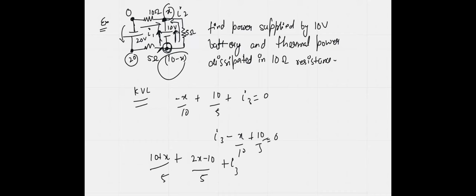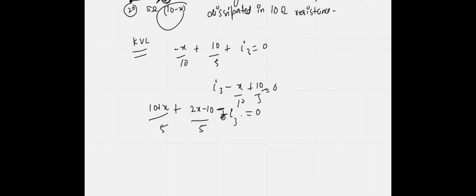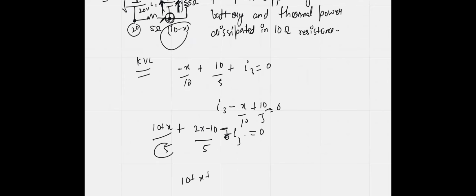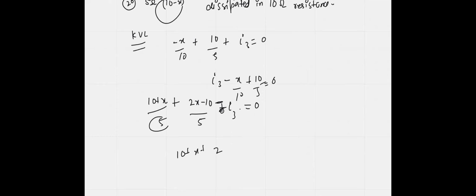By convention, I have assumed that current is going in with I3, so here I'll call it minus. It is supposed to be 0. So here now, if you see carefully, what I'm going to get is 10 plus x plus 2x minus 10 minus 5 I3 equals 0, that is 3x minus 20 minus 5 times I3 equals 0.